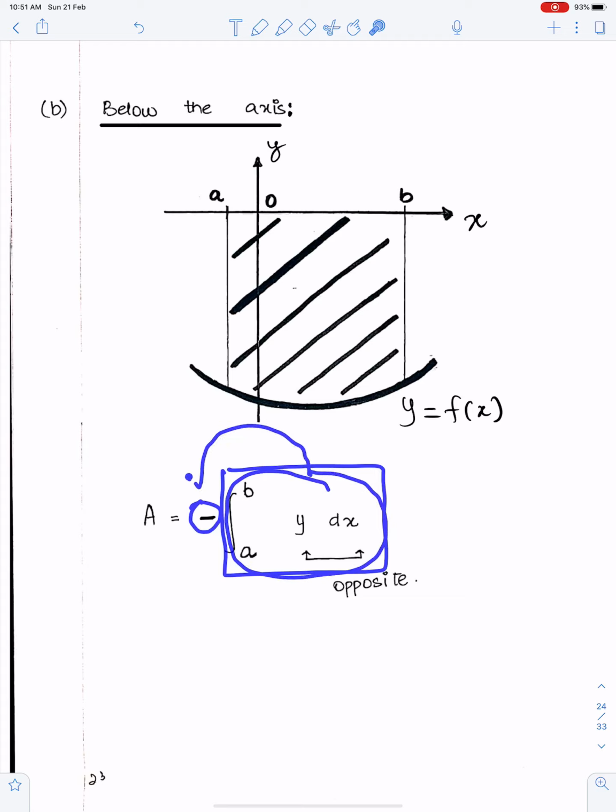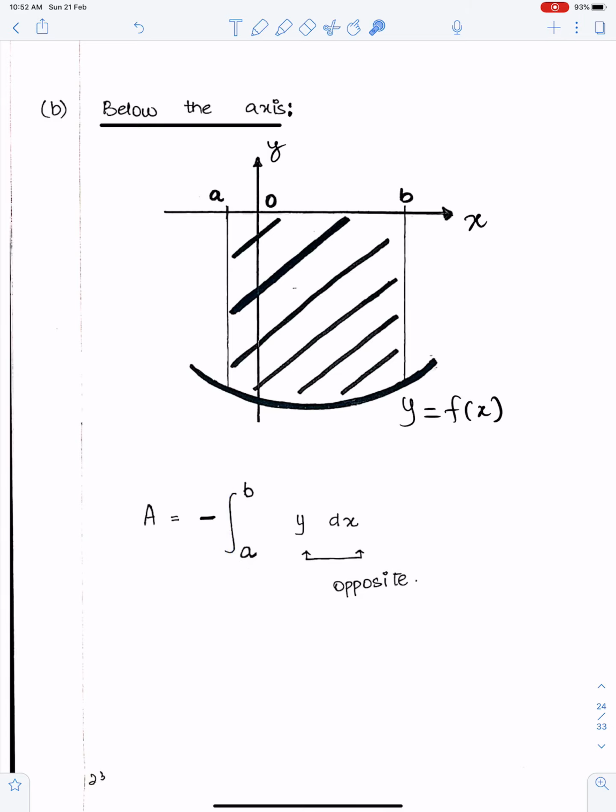And this negative will convert this negative answer into a positive answer, because area is a positive quantity, a scalar quantity. Since area is a scalar quantity, area can never be negative. So make sure whenever the curve is below the x-axis, always use a negative sign before the sign of integral.